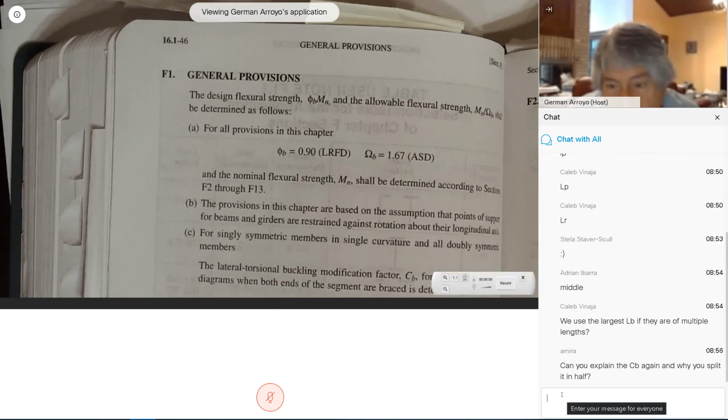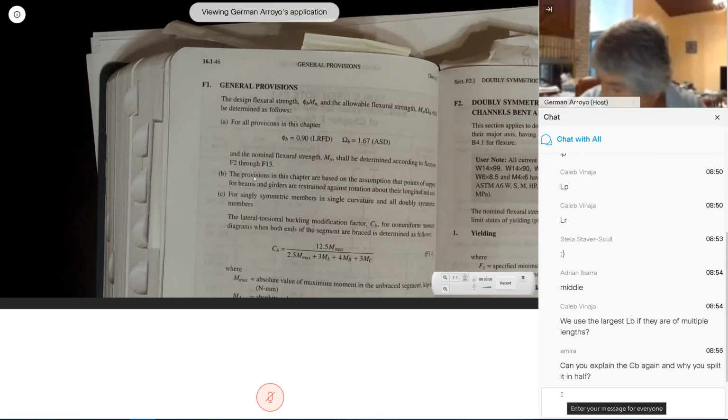First, why do you split in half? Okay. So first, I'm going to go to this. This is for non-uniform moment, the moment that we had before, between the braces, right? And in here, between the braces, they tell you that it's always going to be positive.